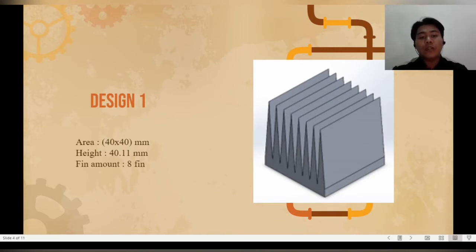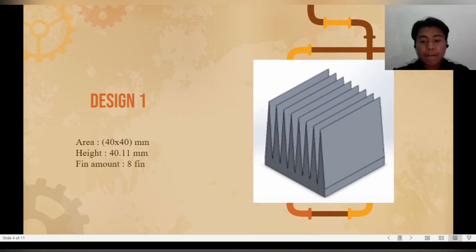So here we have two designs for this project. First design is the fin surface. For the heat transfer, we have a sharp type like fin surface.